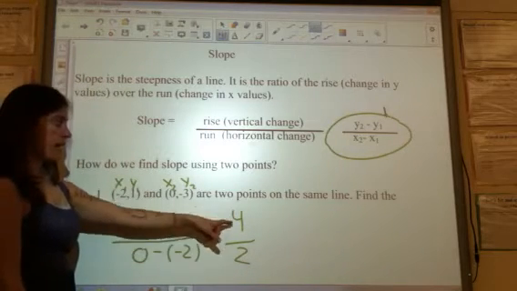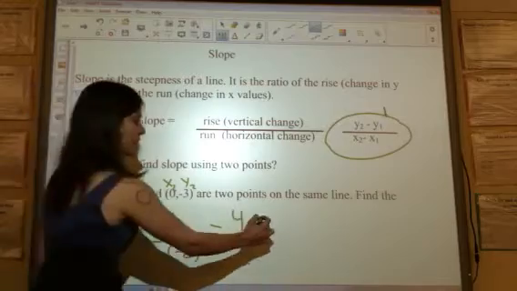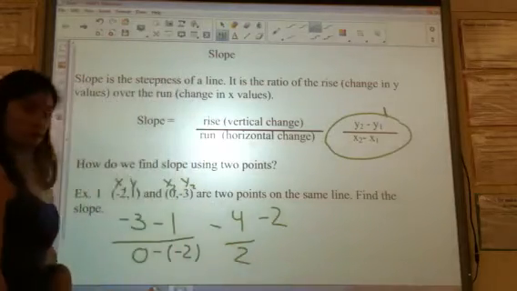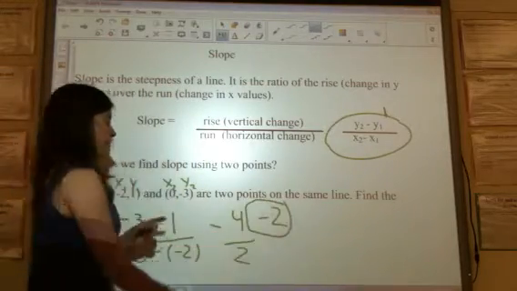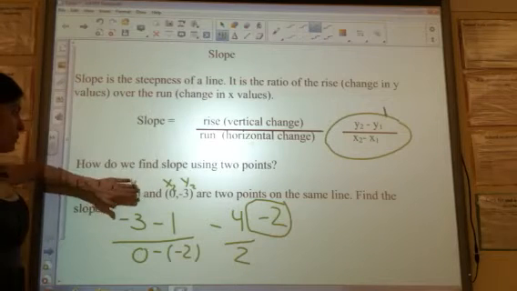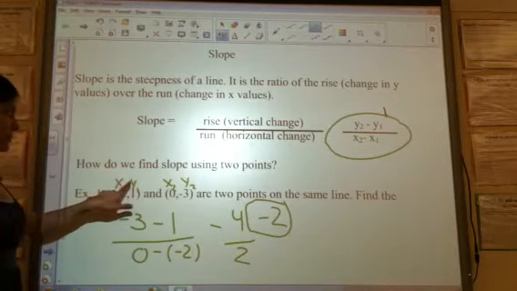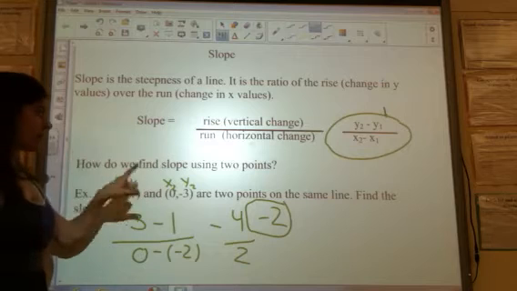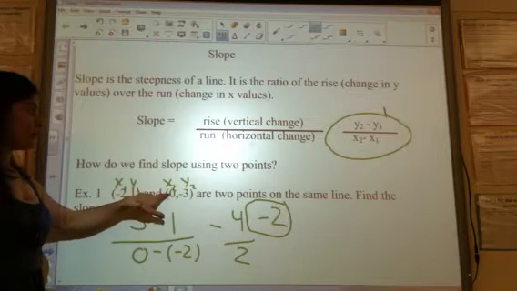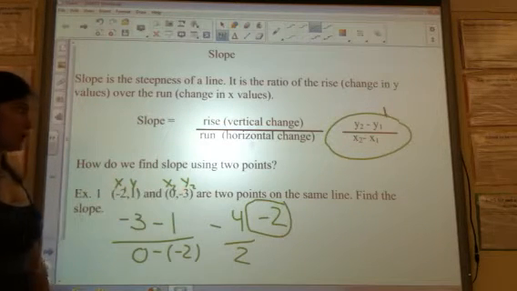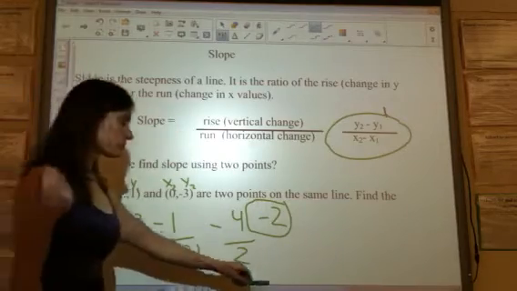And when I go ahead and reduce that, I get a slope of -2. Okay, so again, I identified this is the x value and y value of my point 1, the x value and y value of my point number 2, and then I just plug it in.